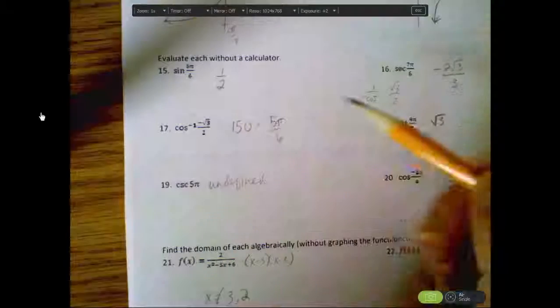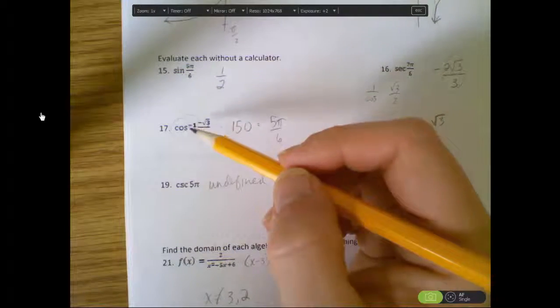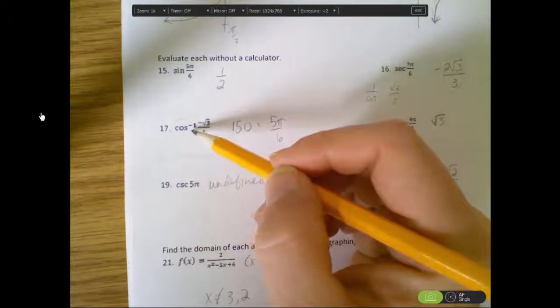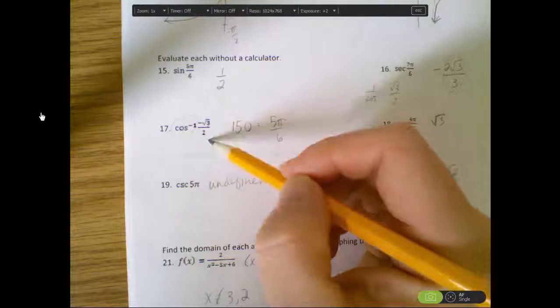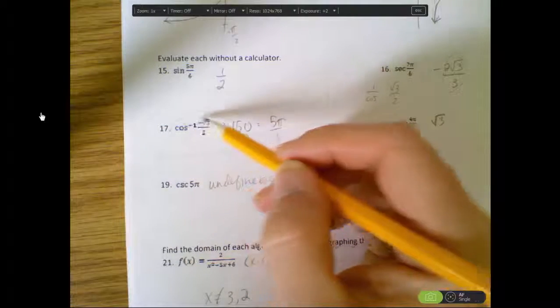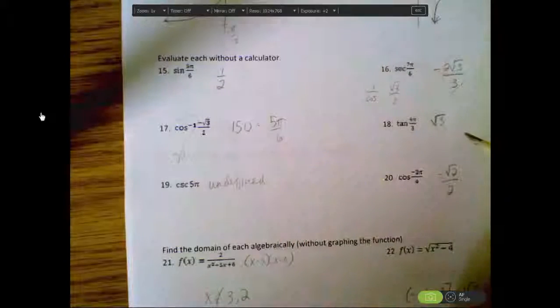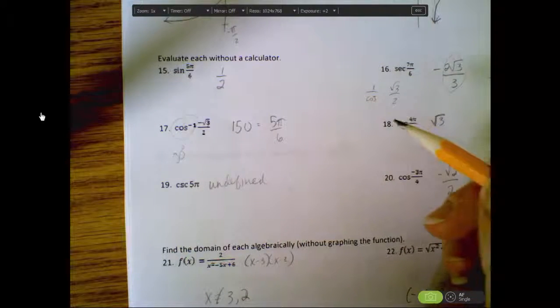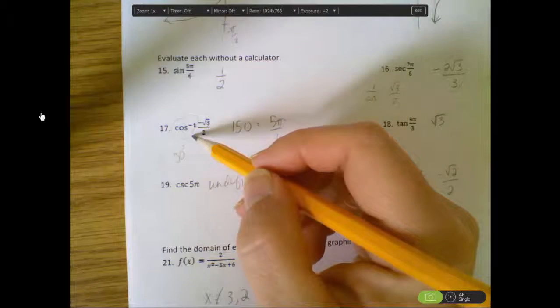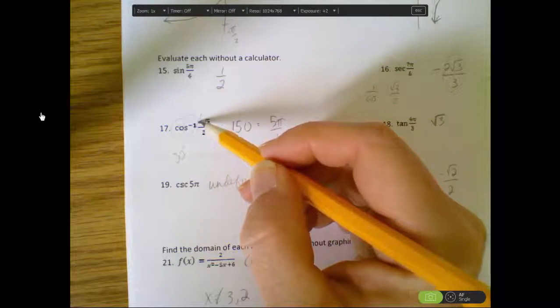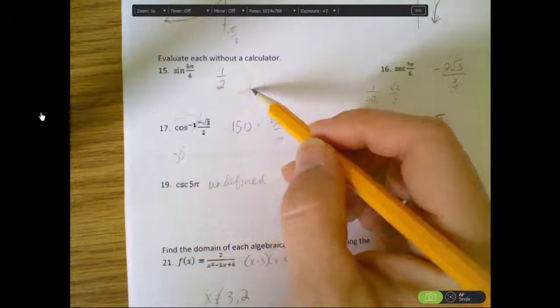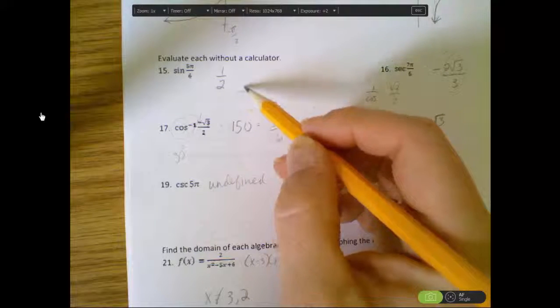Here's that arc cosine we talked about. It says this means the angle whose cosine is negative root 3 over 2. Well, what angle has a cosine of root 3 over 2? And the answer is 30 degrees has a cosine of root 3 over 2. So where is the cosine negative? Because this is a negative. Cosine is negative in 2 and 3.